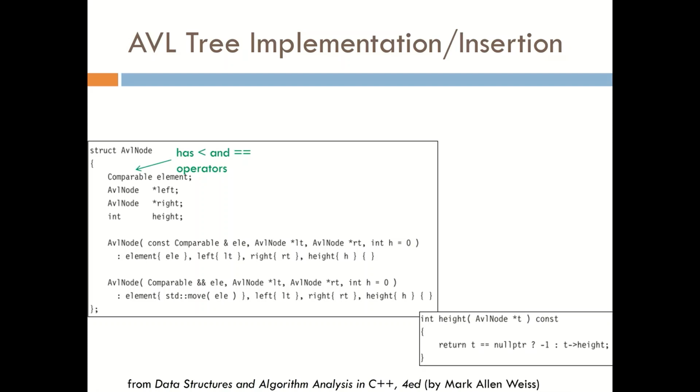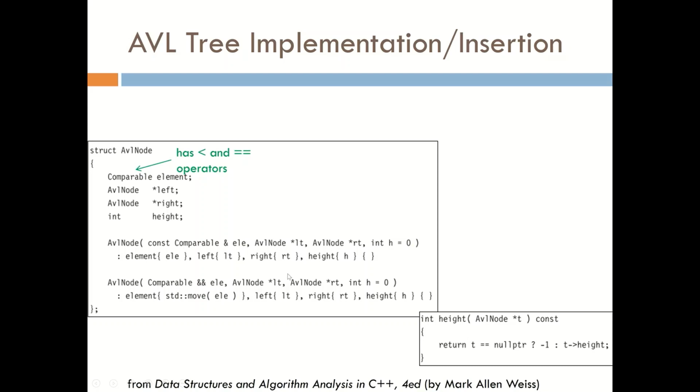Here is the height function. Returns -1 if the pointer is null, and otherwise it returns the height of that particular subtree, which is stored in the height data member here.